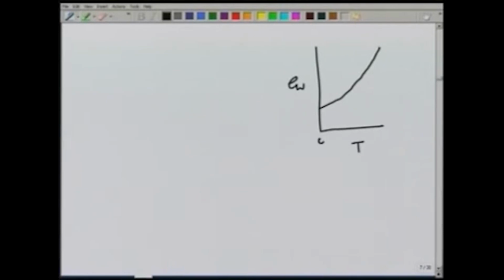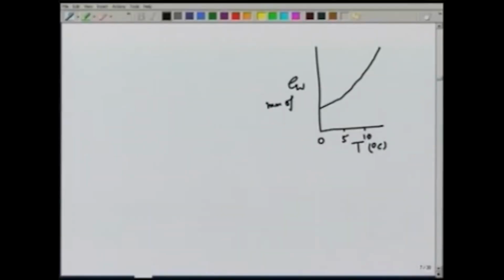For example, T equal to 0 degrees, 5 degrees, 10 degrees centigrade. EW is typically expressed in millimeters of mercury, and its value may be 4, 5, 6, like that.